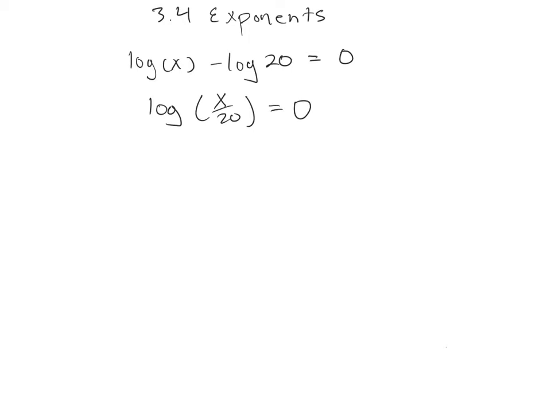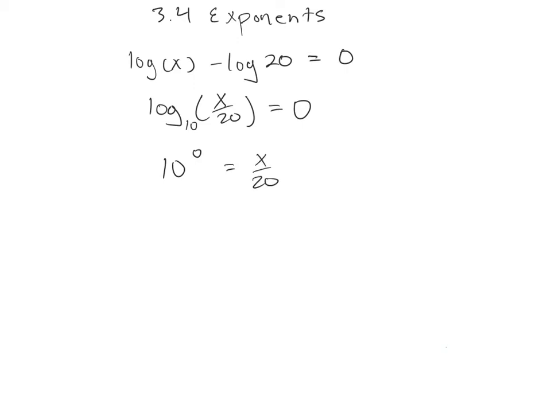And since I didn't write a base, every single time there isn't a base written, we can always assume the base is going to be 10. So what this is basically saying is 10 to the 0 power equals x divided by 20.